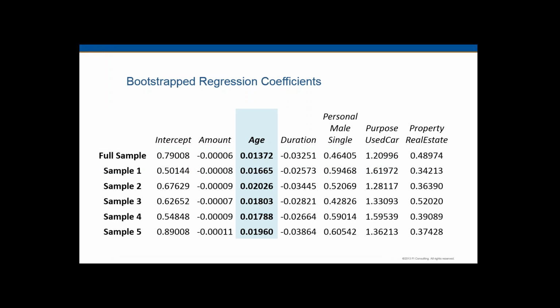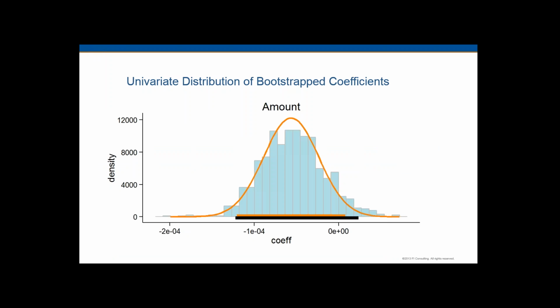And if you look at any of the columns, you can see how the coefficients vary from sample to sample. We can visualize this variability of a single coefficient by plotting a histogram of its values, estimated from 1,000 repetitions. You can see that the orange bell curve is the normal distribution based on the parameters from the original model.